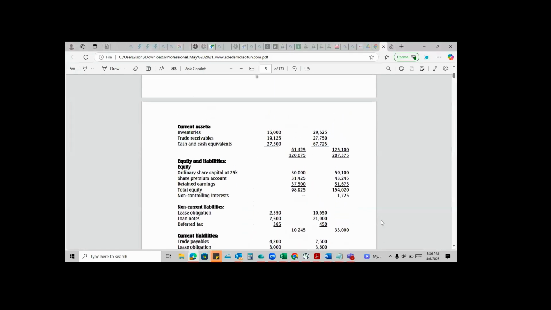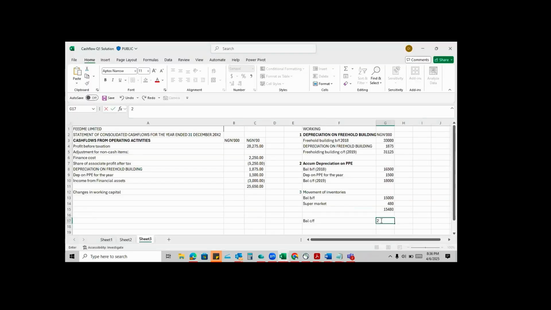I saw 29,625. So what's the difference between 29,625 and 15,480? This will be the movement of inventories. I won't call it movement. It's representing an increase, so I'll say increase in inventories.